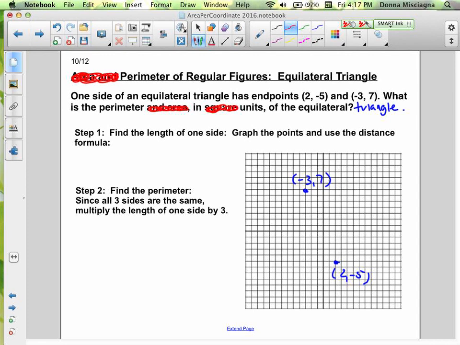You should graph the points, I already graphed them in advance, and we're going to use the distance formula. Graph those 2 points, and we'll connect those so we can see one side of our triangle. And that'll be enough for us to calculate out the perimeter.